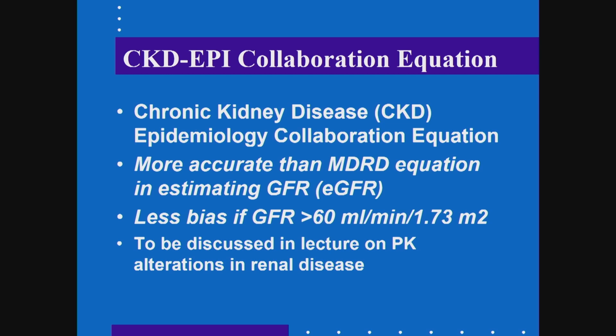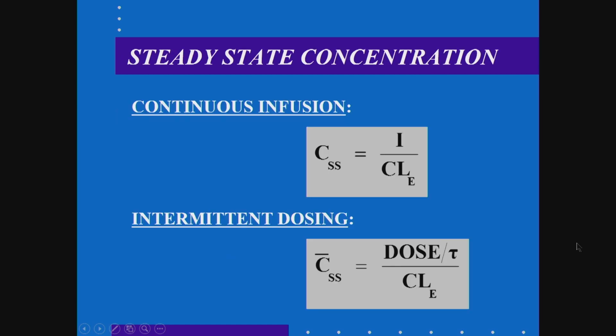A more modern equation is the CKD-EPI collaboration equation that is more accurate than the MDRD equation in estimating the glomerular filtration rate, and actually has less bias if the GFR is greater than 60 milliliters per minute, once again normalized to body surface area.